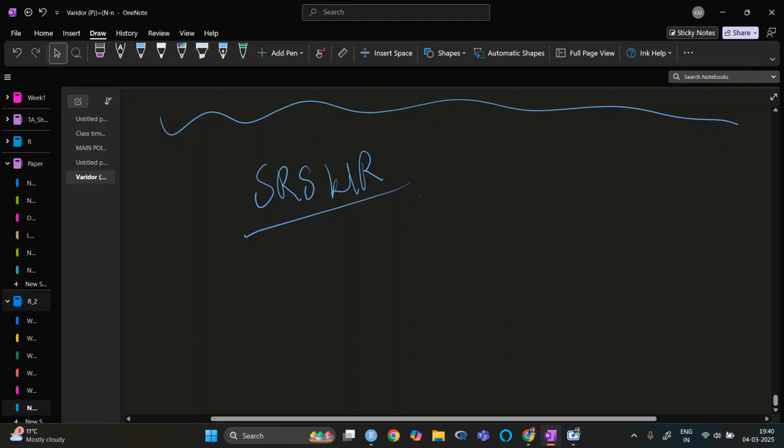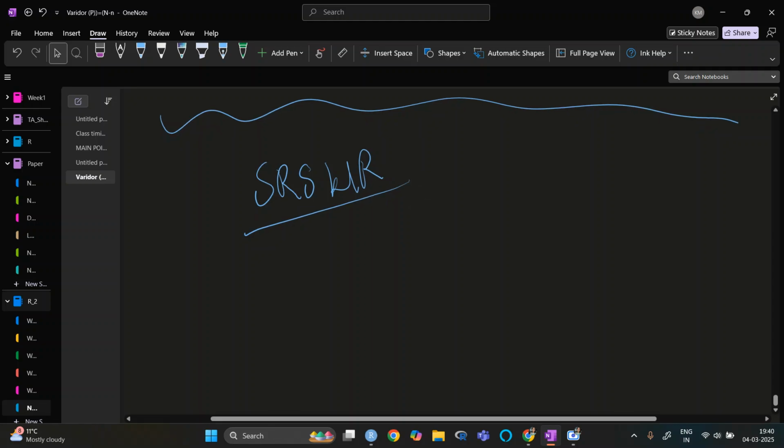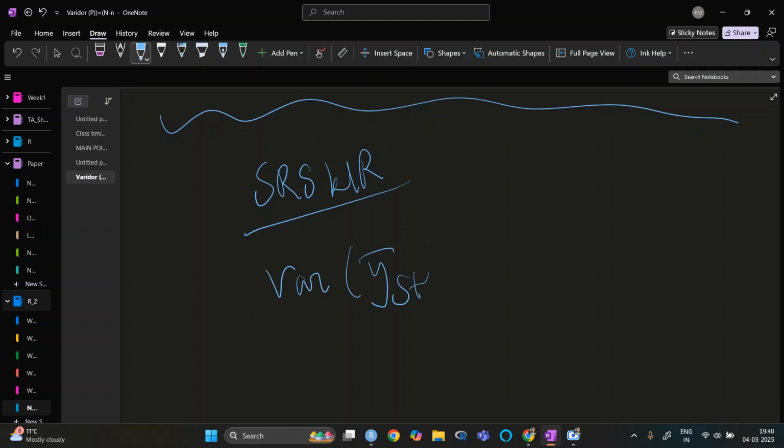Now for SRSWR, whatever we were doing at the time of the mean, etc., it will be just weighted.